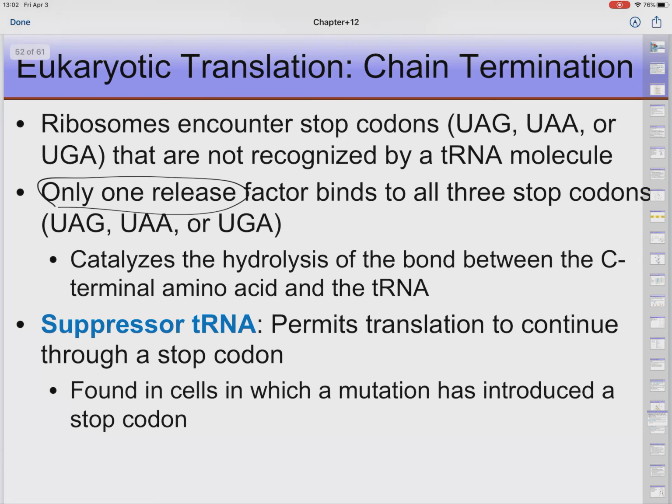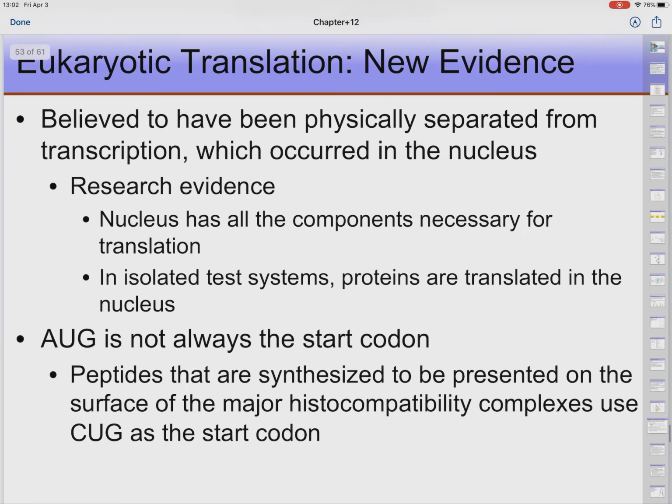I'm not sure exactly what the criteria are for that. Maybe if the peptide chain isn't long enough, or there's obviously a mechanism checking to make sure it's a legit stop codon or not. But that's what suppressor tRNAs do.